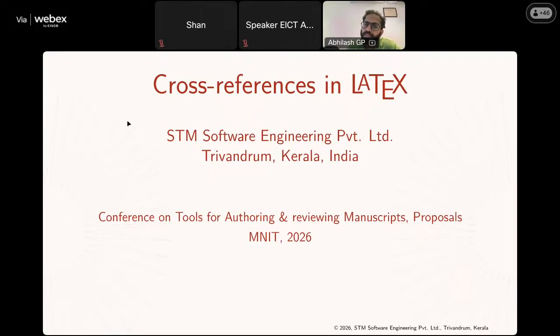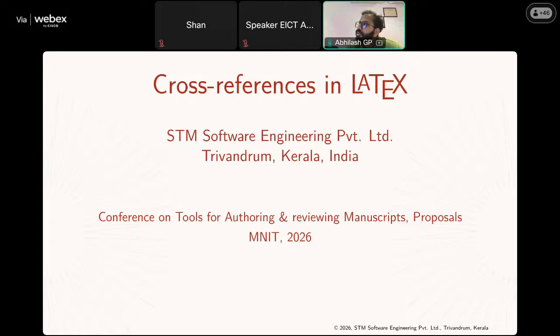So the next topic is cross-reference in LaTeX. I think you are already familiar with the term cross-references. When we write an article or a book or a document, we need to mention some counters like section, figures, list or theorem in the text.